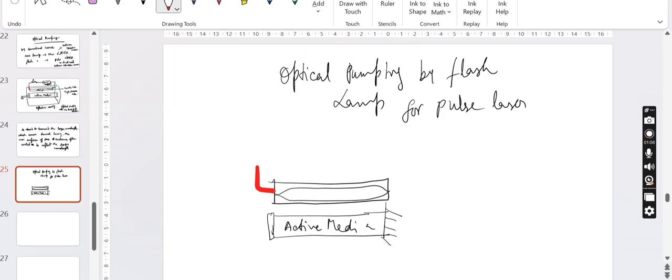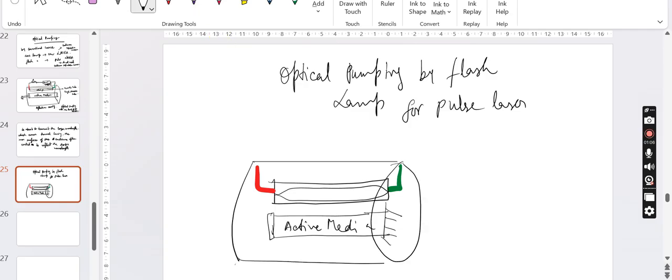This is the anode. This is the cathode. And this part is inside a reflector. Okay. So the anode here is the switch. Here the capacitor is in parallel.